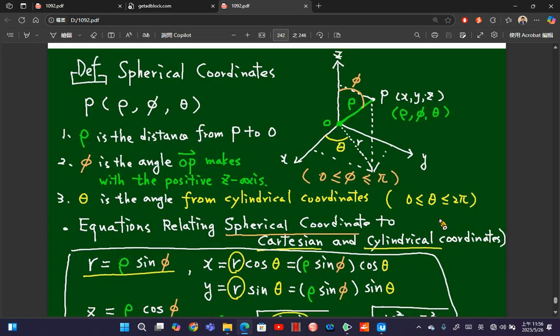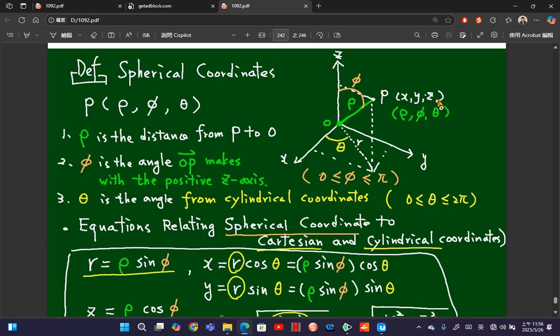Spherical coordinates. Rho, phi, and theta are defined as follows. Rho is the distance from P to O. If in the space we have a point x, y, z, this is the traditional Cartesian coordinate system.